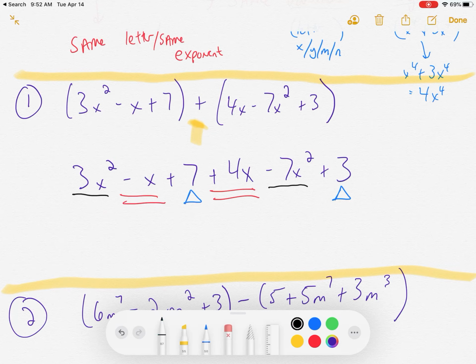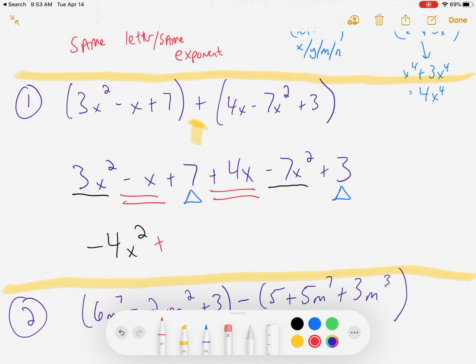So now all I need to do is combine my like terms. So in other words, let's look at just my x squareds, or the things that are underlined in black. What is 3x squared minus 7x squared? Well, what's 3 minus 7? You should get negative 4x squared. Okay, next up, what's my red ones, just my x's, negative x plus 4x.